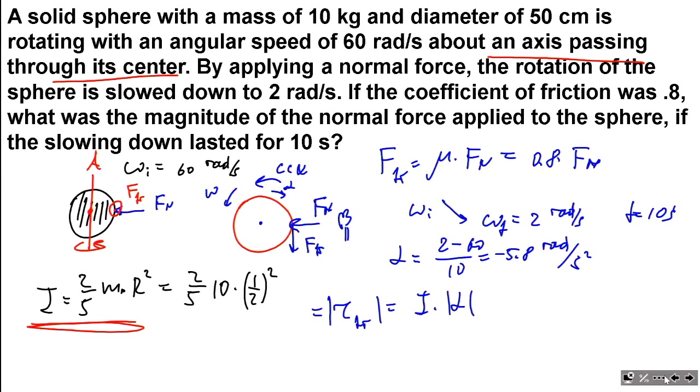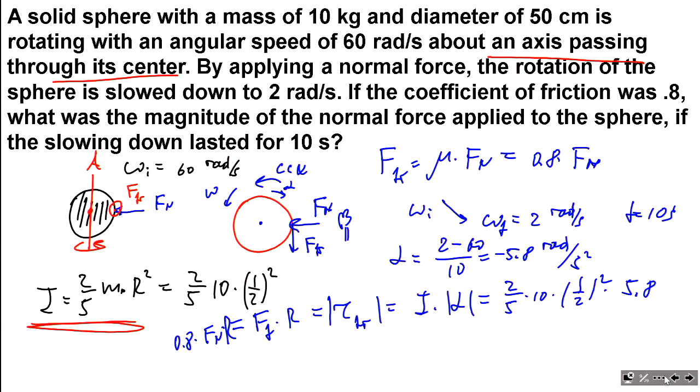On the other hand, this torque should be equal to force of friction times the radius. On the other hand, this should be equal to 0.8 times normal force times the radius. On the other hand, that should be equal to 2 over 5 times 10 times 1/2 squared times 5.8.